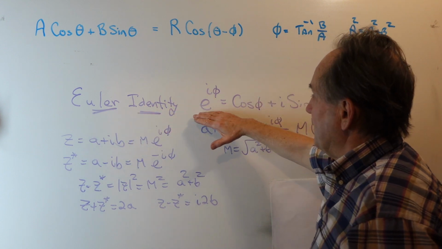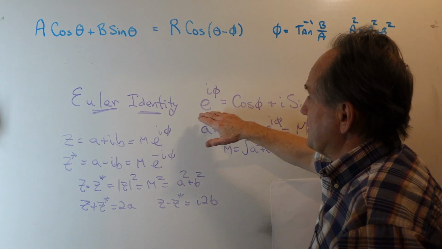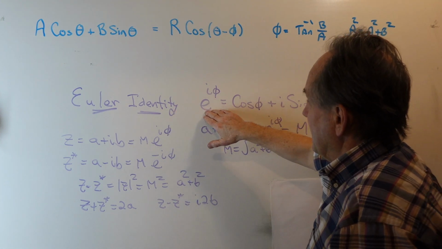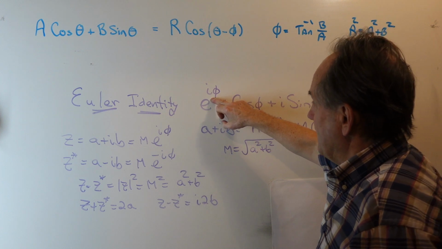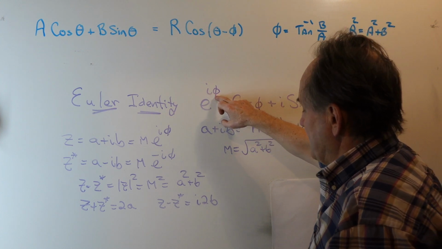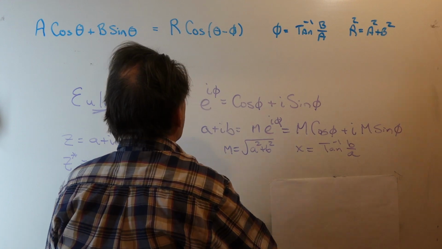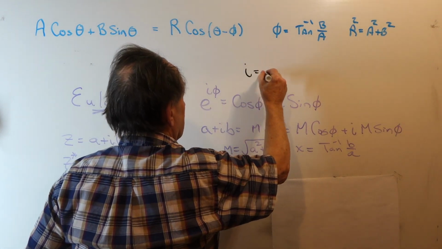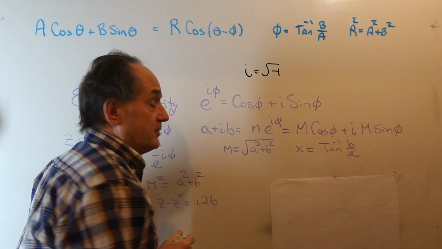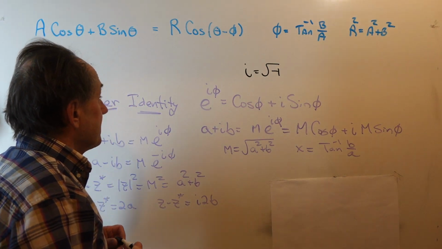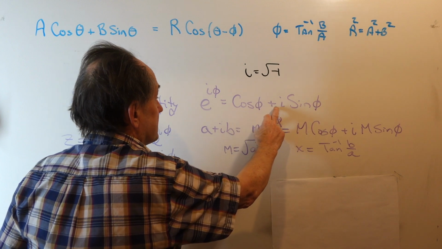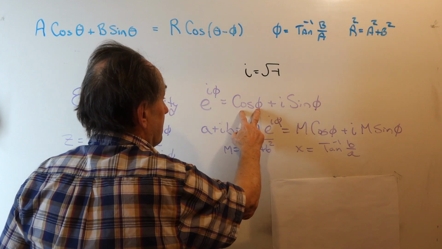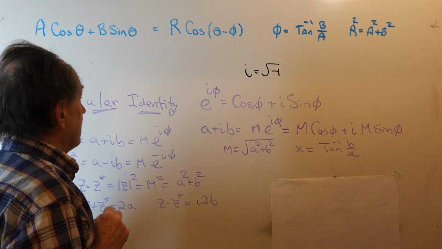In complex numbers, we have an exponential raised to a pure imaginary number, that is e to the i phi. Remember, i in complex numbers is the square root of -1, a pure imaginary number. So e to the i phi is cosine phi plus i times the sine of phi. We have a real part and an imaginary part.